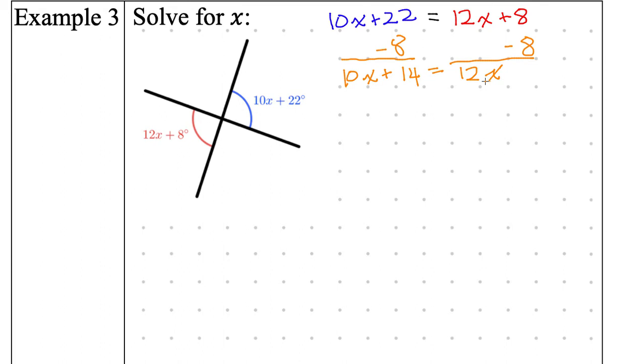All right. Next step. Again, waiting for 3 girls to participate. Putting the pressure on. Something is going to happen with the X's as a hint. What is my next step? Josie, Jennifer, or Jessica? Yes, Jessica, go for it. You do indeed subtract 10x from both sides. And Jessica, tell me what my new equation states. 14 equals 2x.